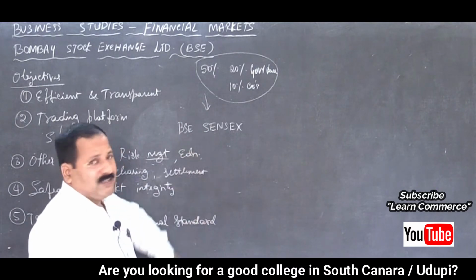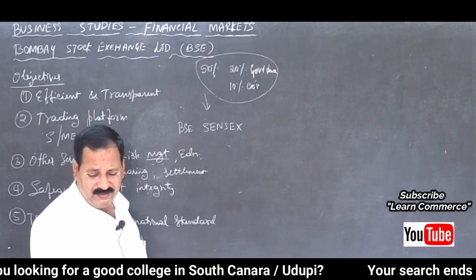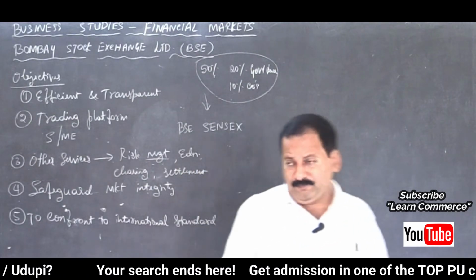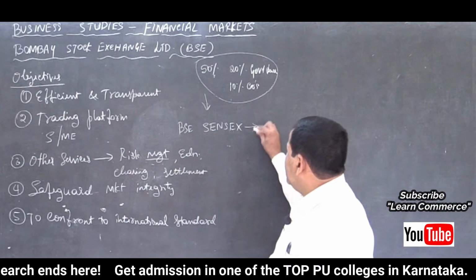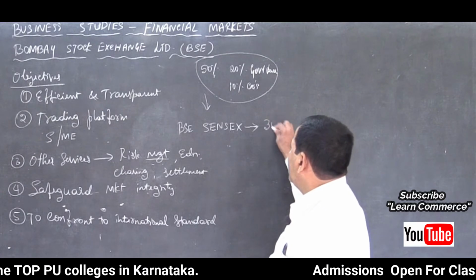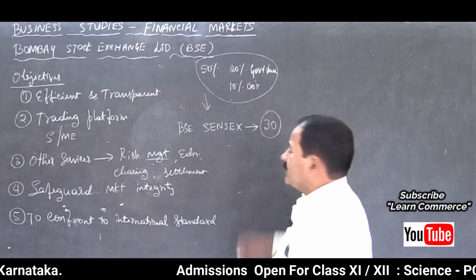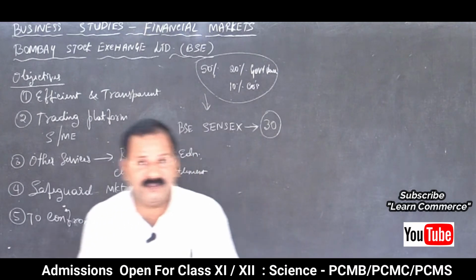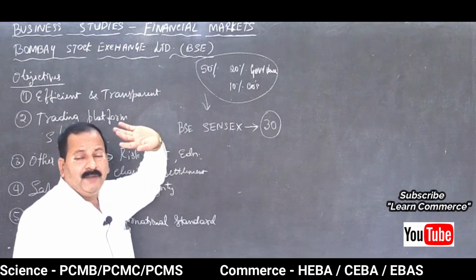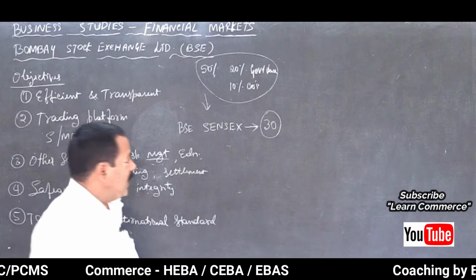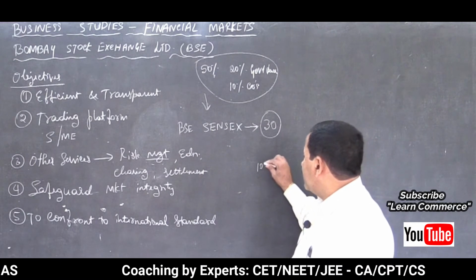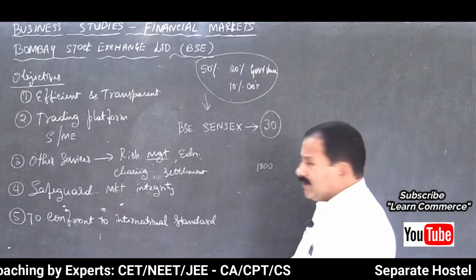What is Sensex then? Nowhere is it mentioned, it is only given in a box in your NCERT syllabus, but still let us know something about it. This index is decided by taking the prices of 30 companies' securities. BSE Sensex means it has been fixed at a particular time, and on the day of fixing, the security prices will be taken as 100 or 1000.